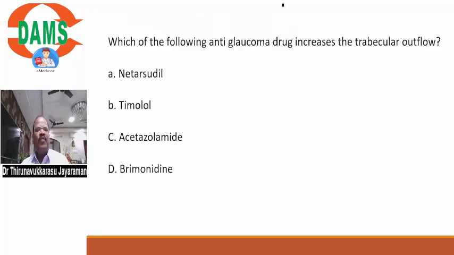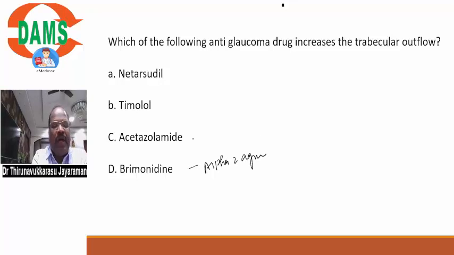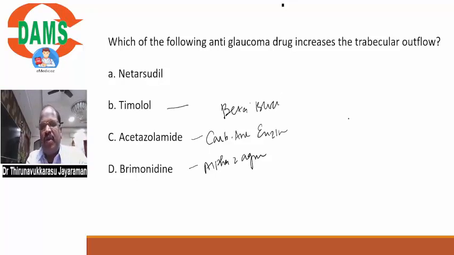And then, which of the following anti-glaucoma drugs increases the trabecular outflow? Options are netarsudil, timolol, acetazolamide, brimonidine. Look here. Brimonidine is an alpha 2 agonist. Acetazolamide is a carbonic anhydrase enzyme inhibitor. Timolol is a beta blocker. Remember, I just told you in the classroom the A, B, C mnemonic.